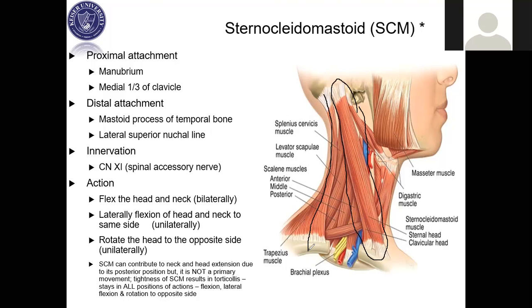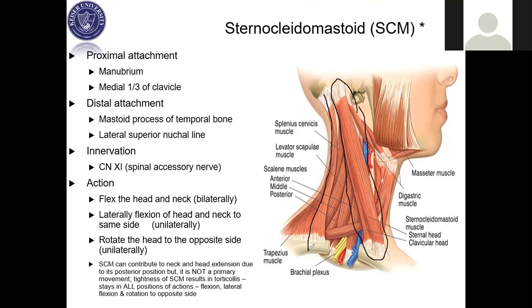And one of the reasons you have to know it is because of one of the disease processes that the sternocleidomastoid is part of. If you've ever heard of torticollis, torticollis is a childhood disease. And what happens is that in babies, the sternocleidomastoid becomes so tight that it actually stays in all the motions that the sternocleidomastoid does.